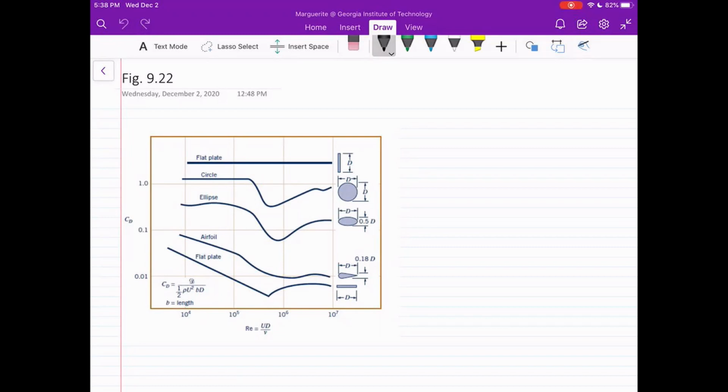At the top here, we have very blunt bodies. This is a flat plate, but as you can see, it's oriented differently than what we're used to. Then as you go down, they become a little more streamlined with the circle, until you get all the way down to this flat plate that's parallel to the flow, which is very streamlined.